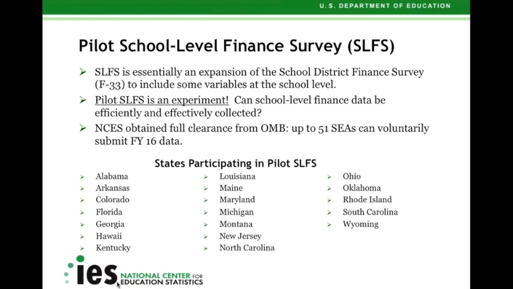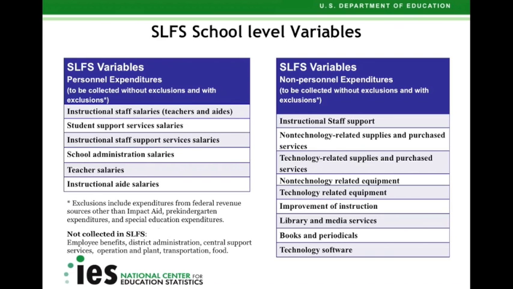As we get into the variables, it's important to know that the SLFS is distinguished from the expenditure per pupil requirement in ESSA, in that these variables cover a portion of current expenditures at the school level, but not all current expenditures. Current expenditures not collected on the SLFS include general administration, that's administration at the district level, operation and maintenance of plant expenditures, student transportation expenditures, other business central support services, and food services expenditures.